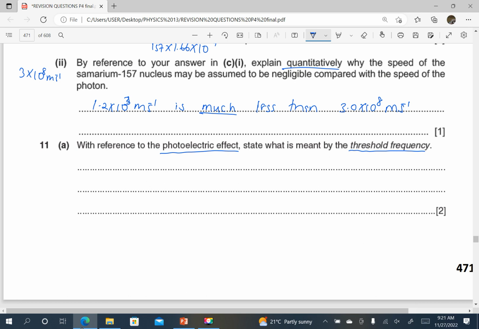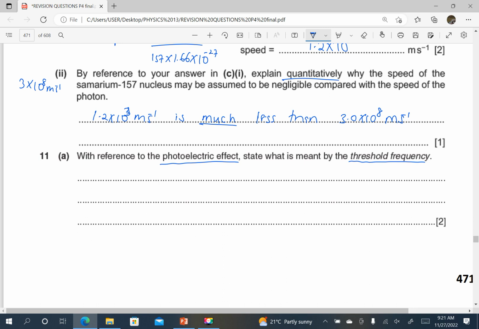Okay, so the minimum frequency of electromagnetic radiation, or minimum frequency of a photon.